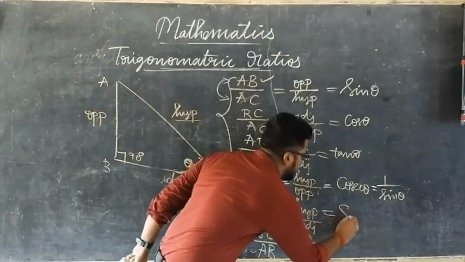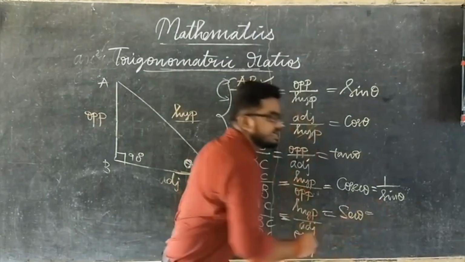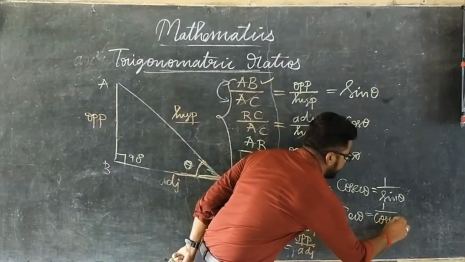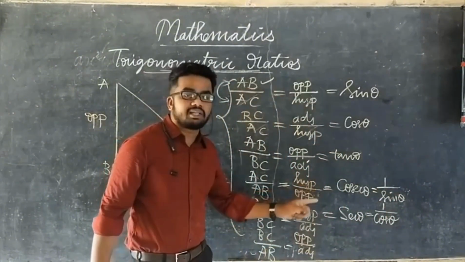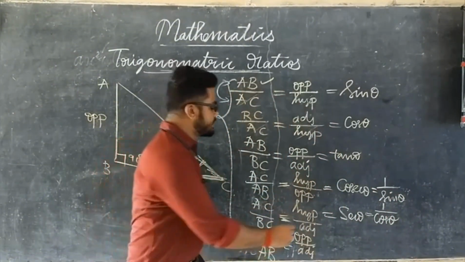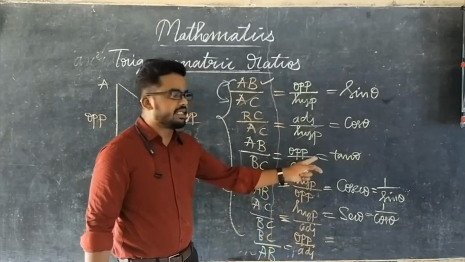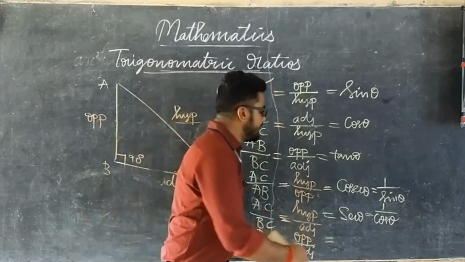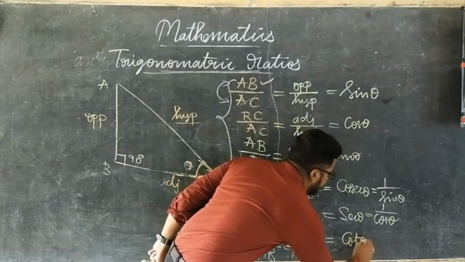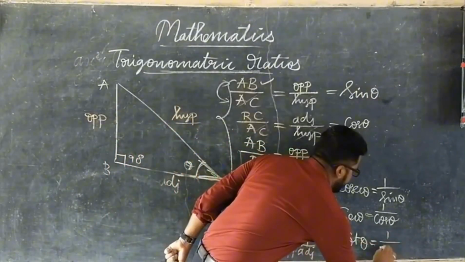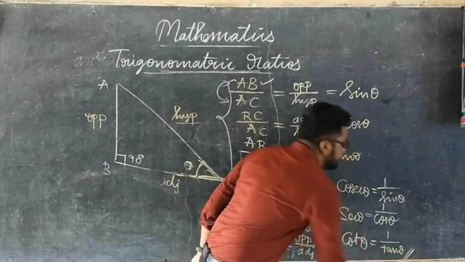We call that secant theta. Secant theta is the reciprocal of cos theta. I can write 1 by cos theta. Last but not the least, we call this tan theta, so we can write that as cot theta. Cot theta is again the reciprocal, 1 by tan theta.